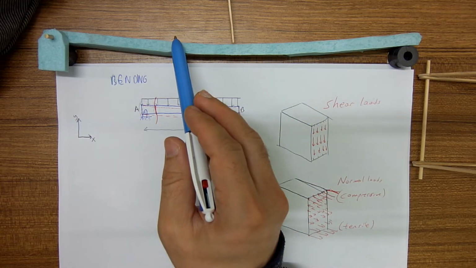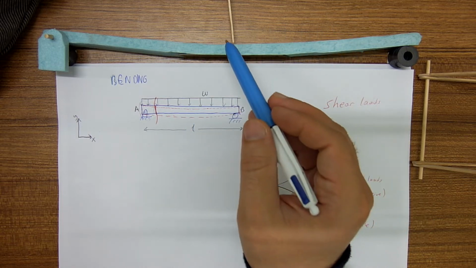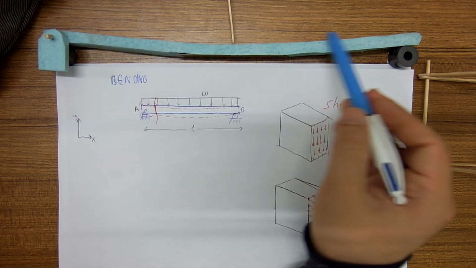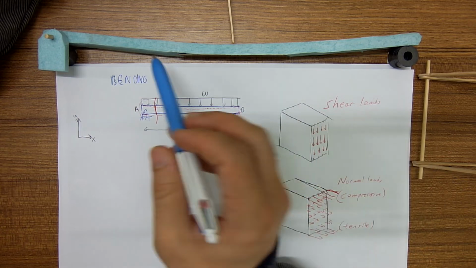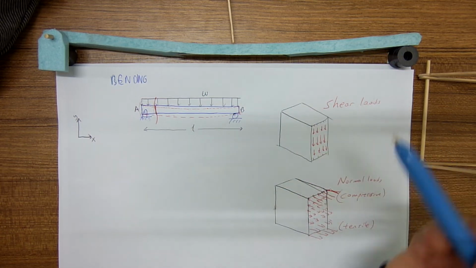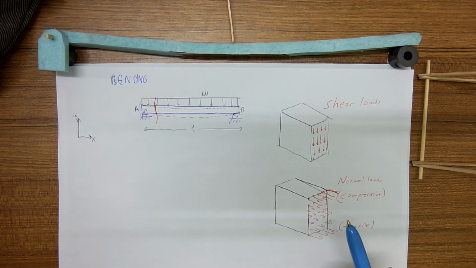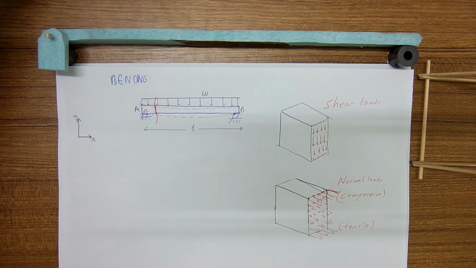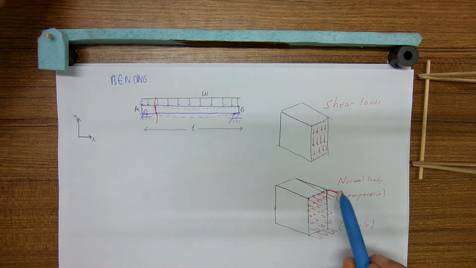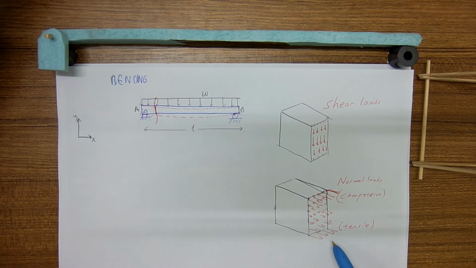So the top surface is getting shorter, the bottom surface is getting longer. What makes something shorter is a compressive force, and what makes something longer is a tensile force. Therefore the top part has compressive normal load, the bottom part has tensile normal load.